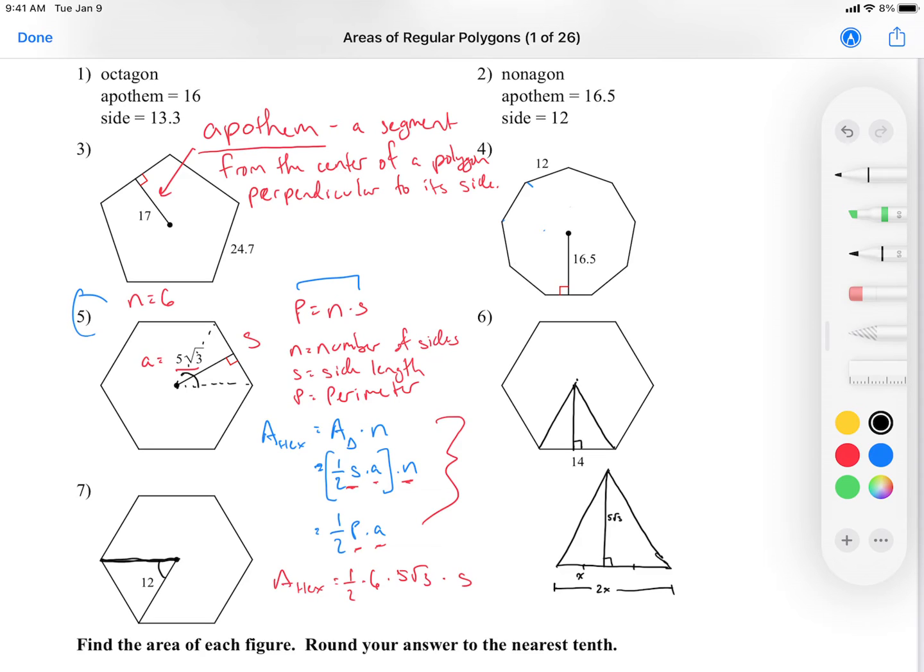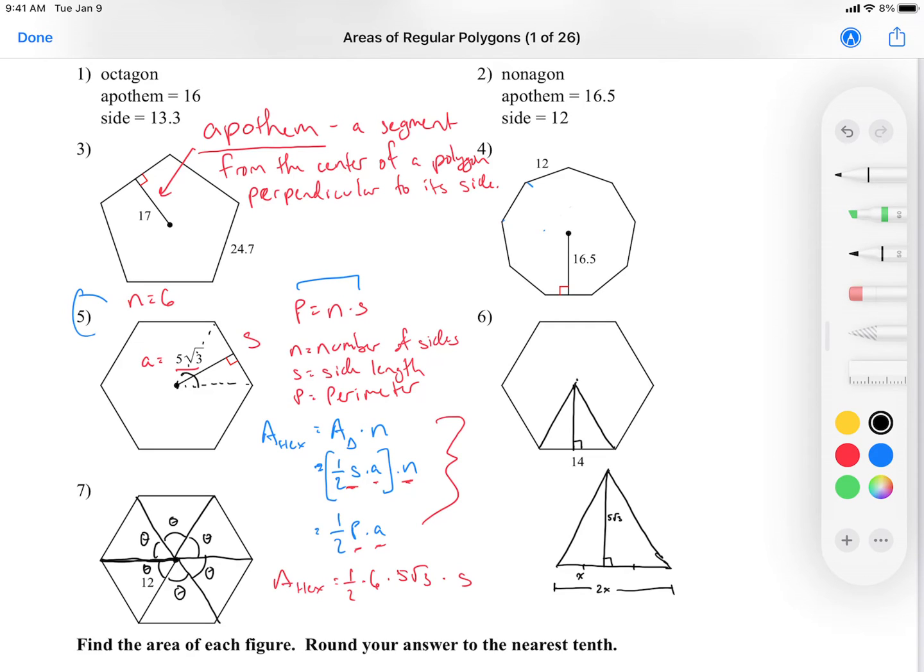And here's why. If I draw my triangles, now we know all the triangles are congruent, which means this, we'll call it theta, is equal to this one, is equal to this one, is equal to this one, is equal to that one.